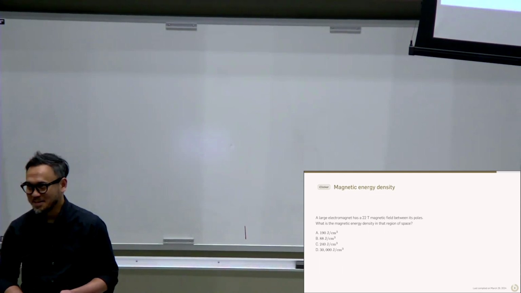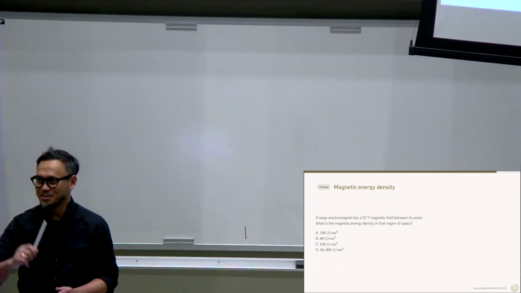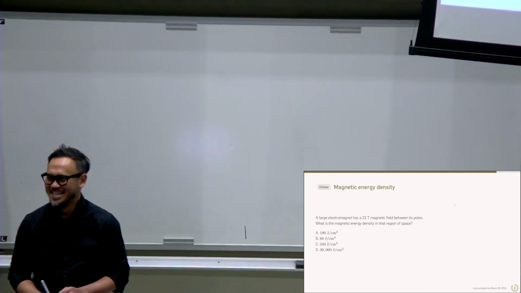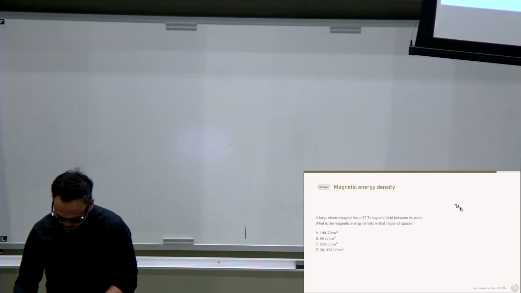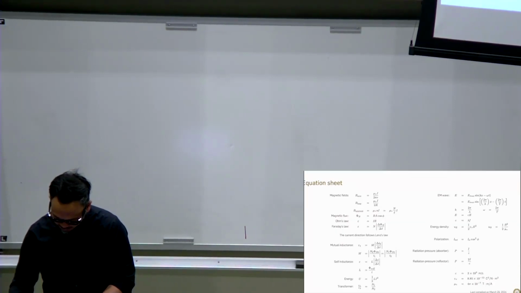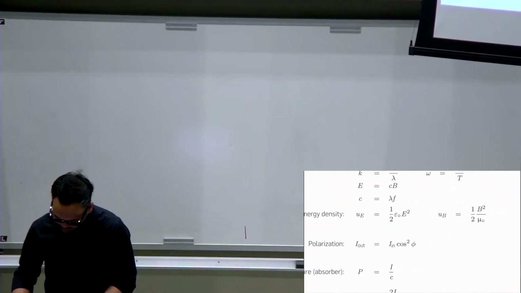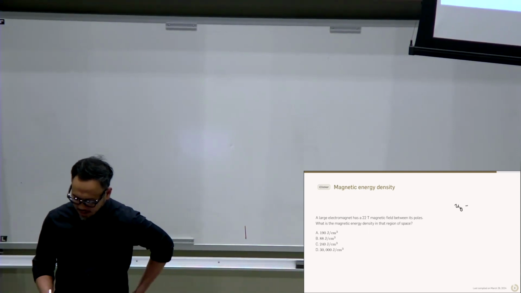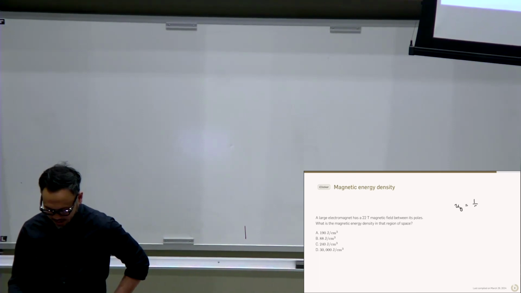U. Yeah, U. Yes, U. The symbol is small u, like this small u here. Okay, and there is a subscript B because it's magnetic. And then the equation is u_B = 1/2 B square over mu naught.